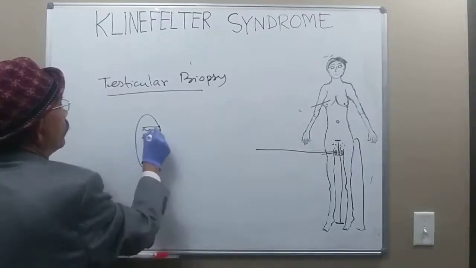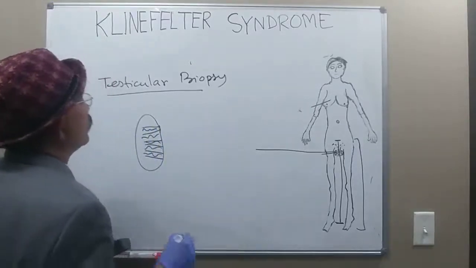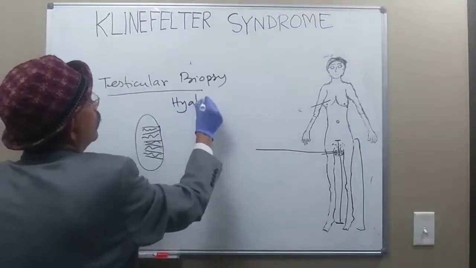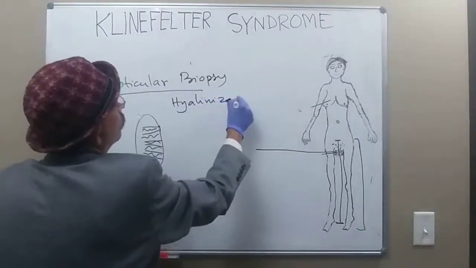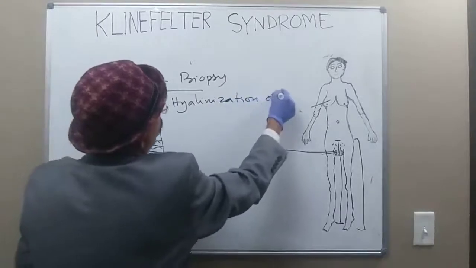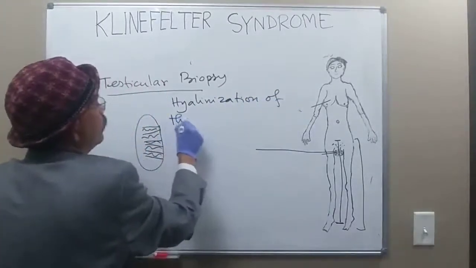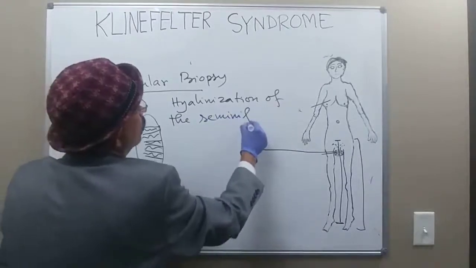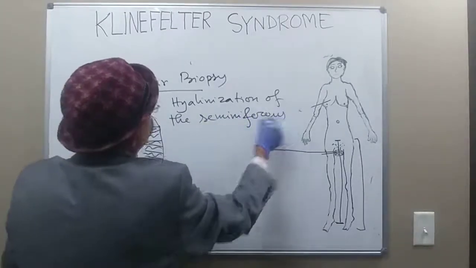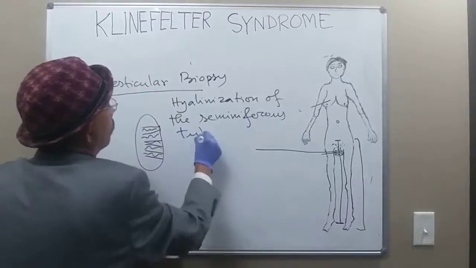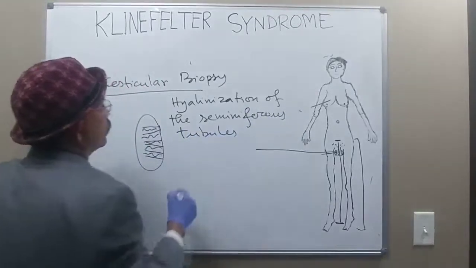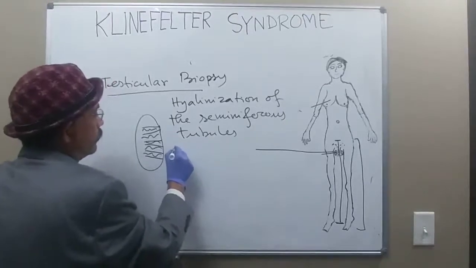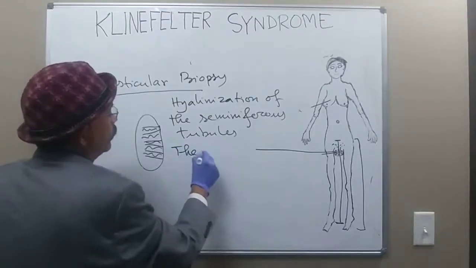Okay. What we'll get in the testis? Hyalinization of the seminiferous tubules, and it may be atrophied.